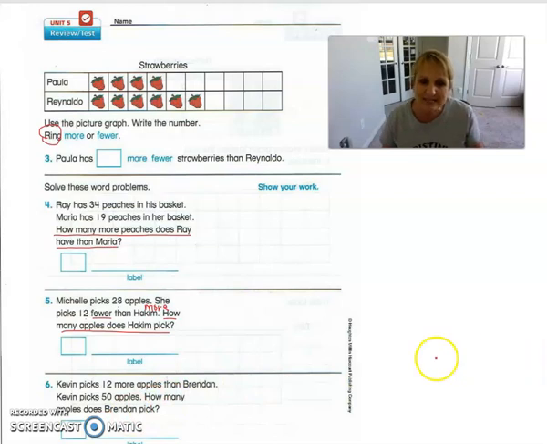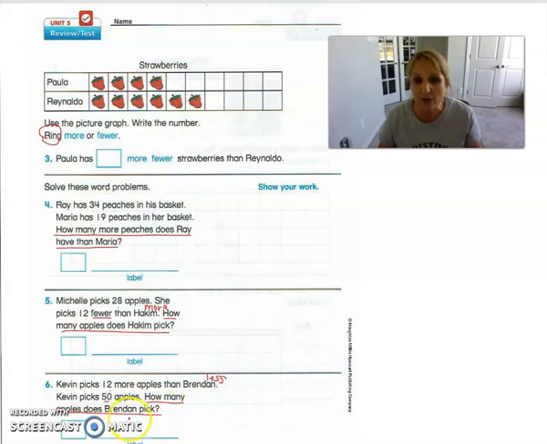All right, number 6 says, Kevin picks 12 more apples than Brendan. Kevin picks 50 apples. But we want to know how many apples Brendan picks. If Kevin picks 12 more apples, then we know that Brendan picks that many less than Kevin, right?